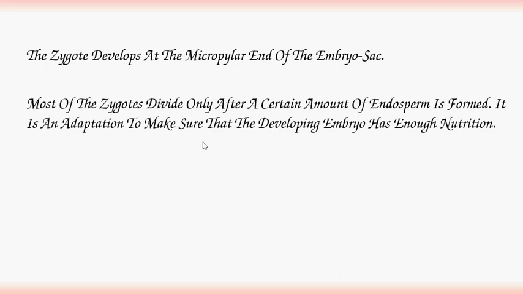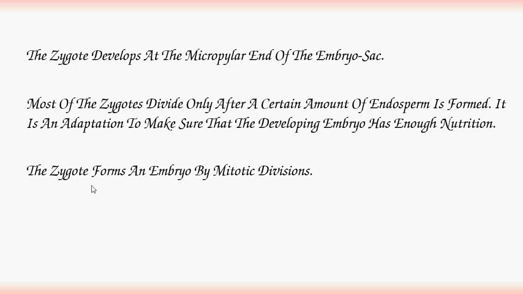Already we discussed this point. Endosperm development begins earlier than development of embryo because it is an adaptation to make sure that the developing embryo has enough nutrition. That nutrition is provided by endosperm.